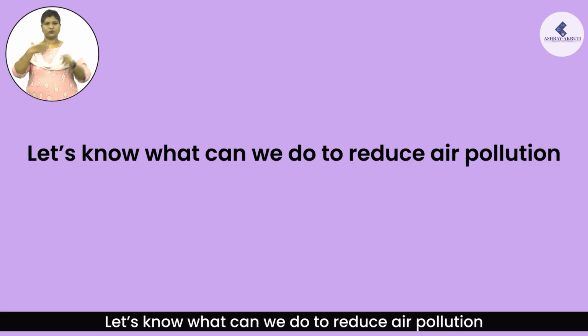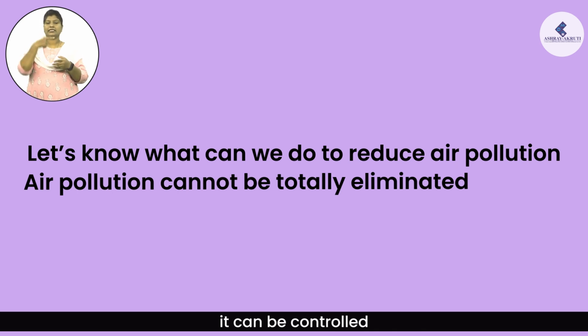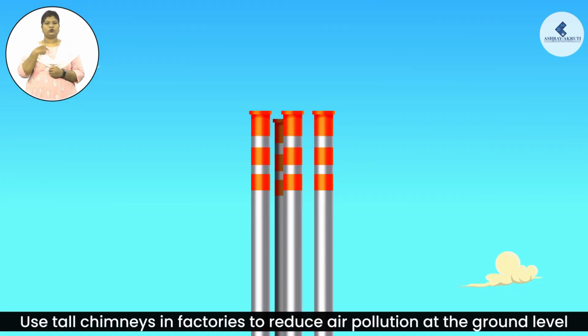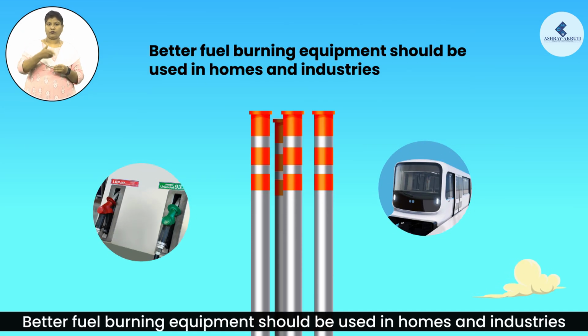Let's know what can we do to reduce air pollution. Air pollution cannot be totally eliminated. However, it can be controlled using following measures. Use tall chimneys in factories to reduce air pollution at the ground level. Better fuel burning equipment should be used in homes and industries.